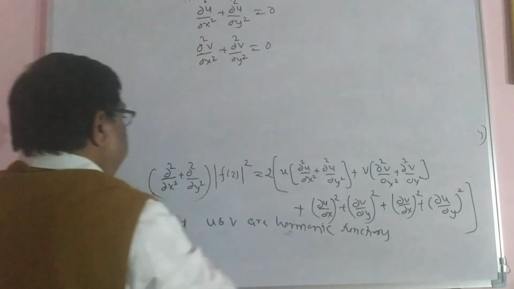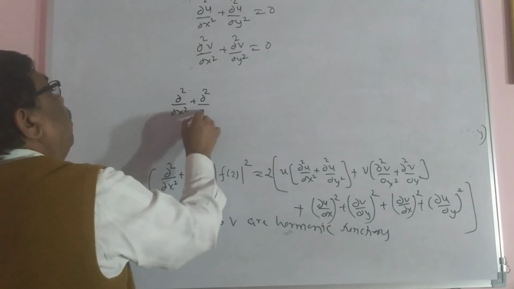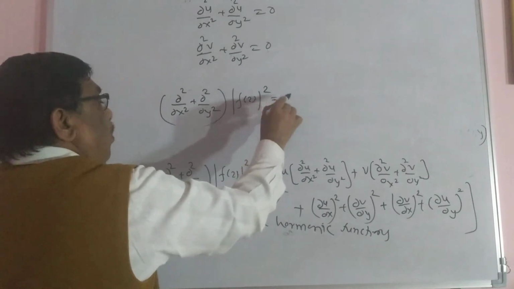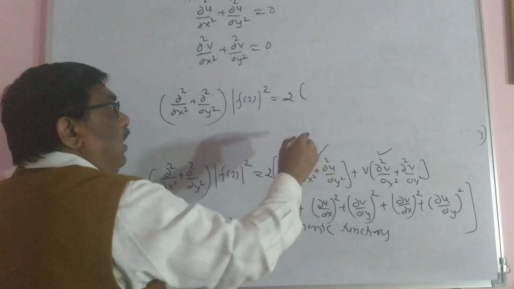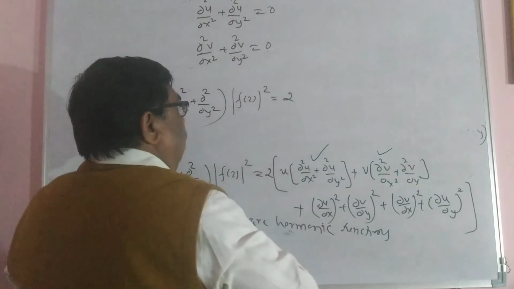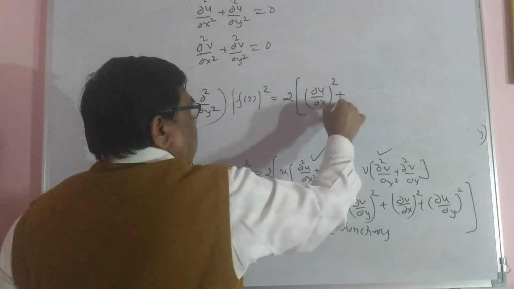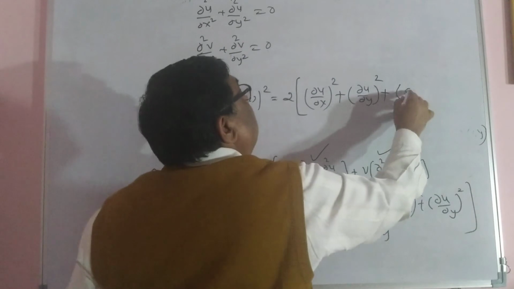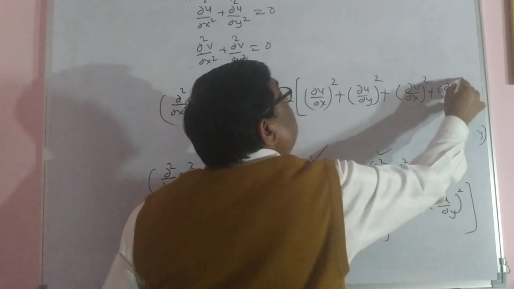So this equation becomes, now, ∂²/∂x² plus ∂²/∂y² of modulus of f of z squared equals 2 times, this term is 0, this term is 0, only we have (∂u/∂x)² plus (∂u/∂y)² plus (∂v/∂x)² plus (∂v/∂y)².